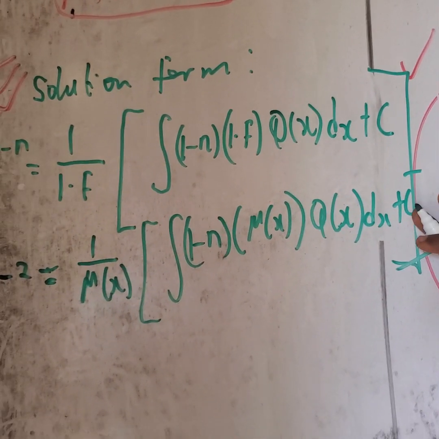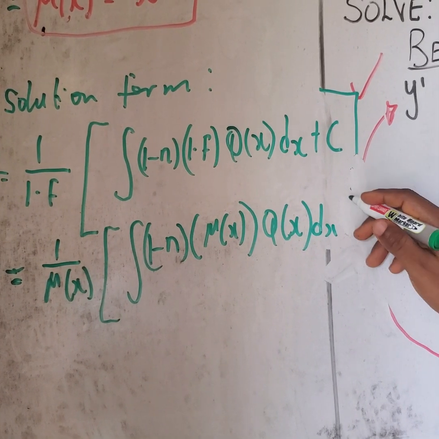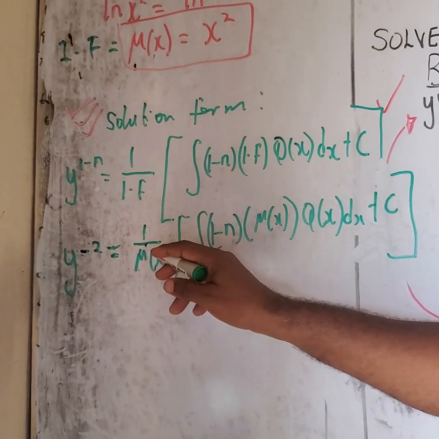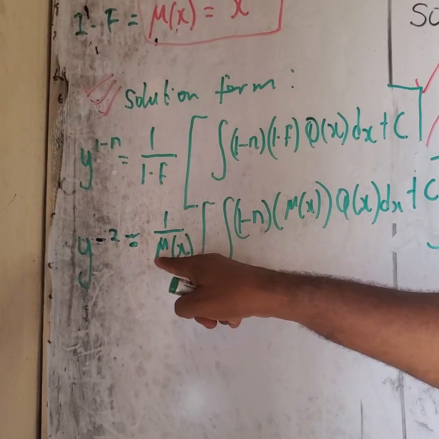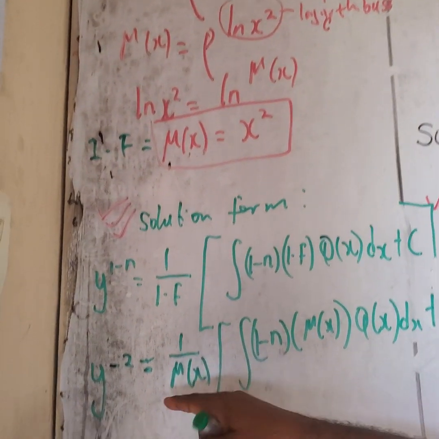So it will multiply everything together with the constant of integration, plus c. Now we have gotten the expression for the integrating factor. This mu of x is x squared, so we put it here.